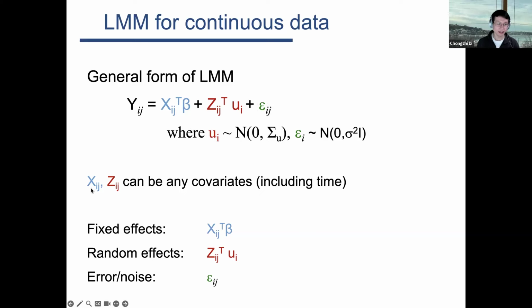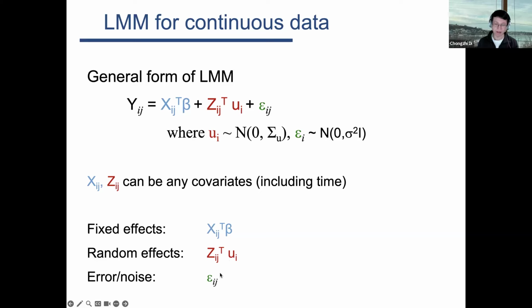Xij and Zij can be any covariates or subset of covariates, including time. In the case of a random intercept, Zij is just a constant, just ones. So basically the model has three different parts: fixed effects, random effects, and noise.